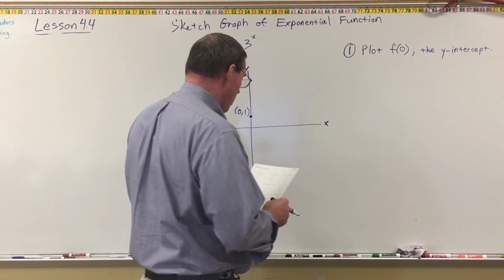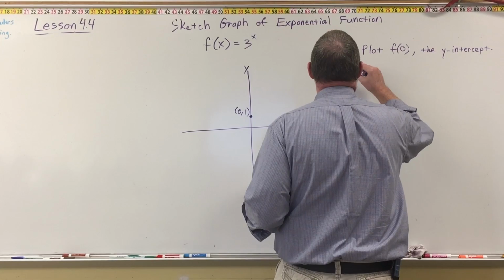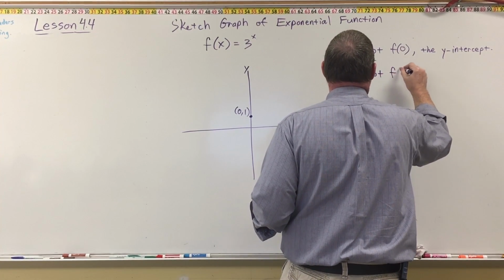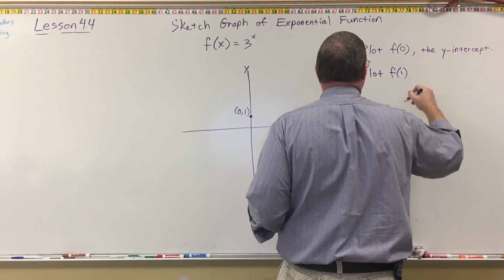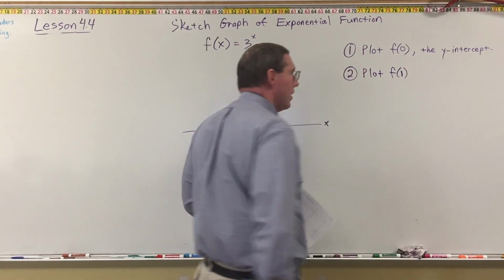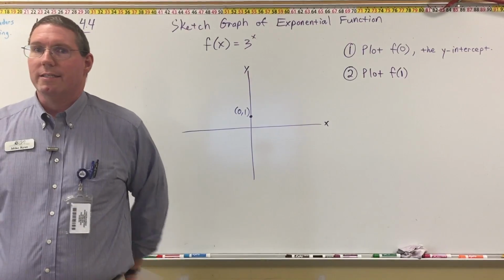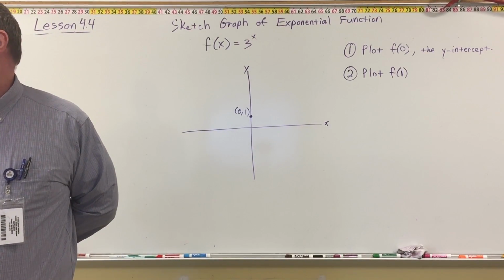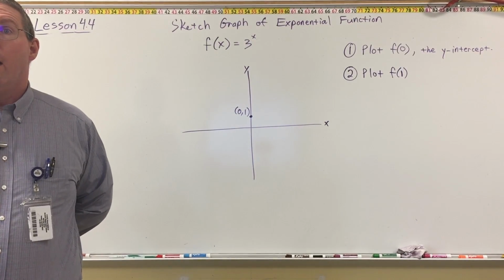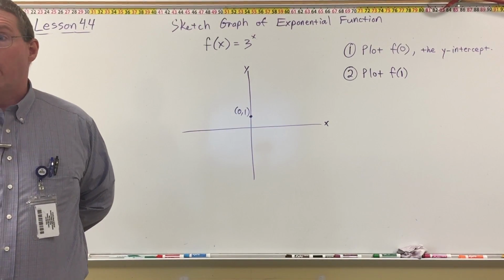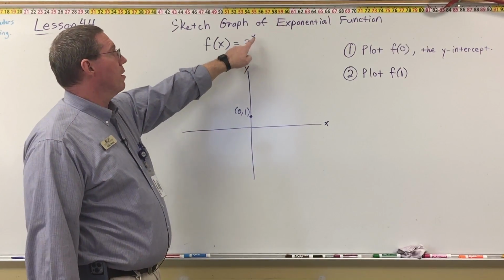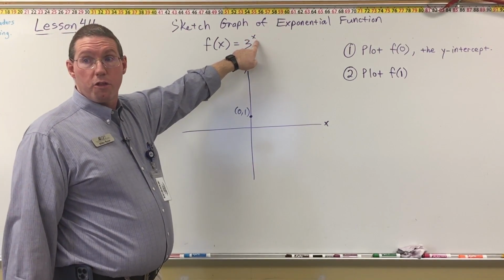The second thing we're going to do is plot f of 1. Okay? So f of 1 actually is a really interesting point, because f of 1 tells you the base of the exponent, okay? So if I plug a 1 in here, what is 3 to the first power? It's 3, right?